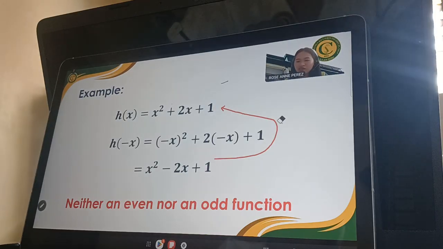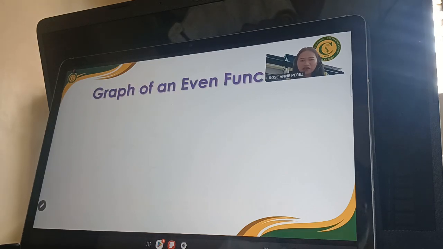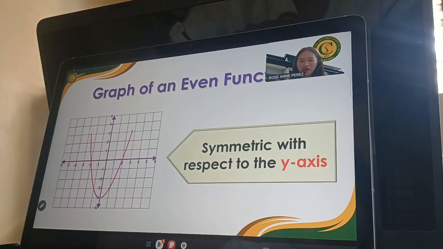Okay, so since you don't have questions, I'll be giving you a book activity. So hopefully you have your books there. Okay, so for your book activity, oh, by the way, this is the graph of an even function. Again, it is symmetric with respect to the y-axis.